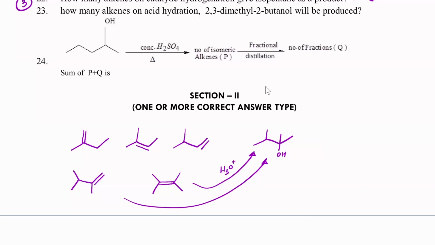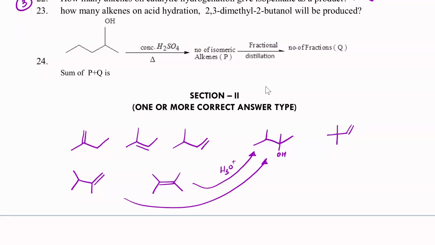Double bond here, H plus and OH minus will be added here, and H plus and OH minus will be added here. Yeah, this one will also come. Sorry. 1, 2, 3, 4. 1, 2, 3, 4, 5, 6. Yeah, this one will also come.